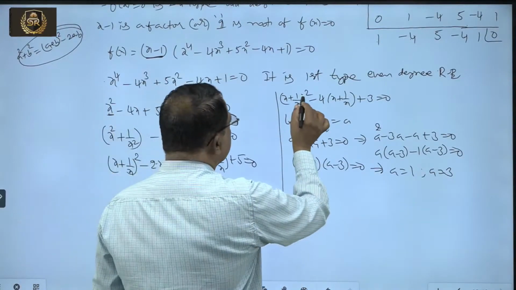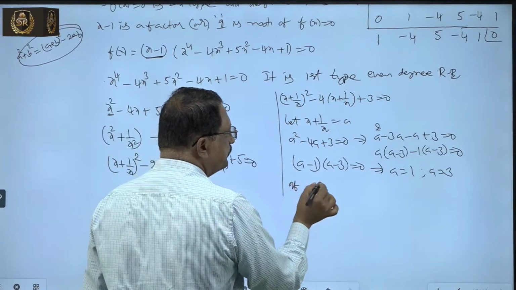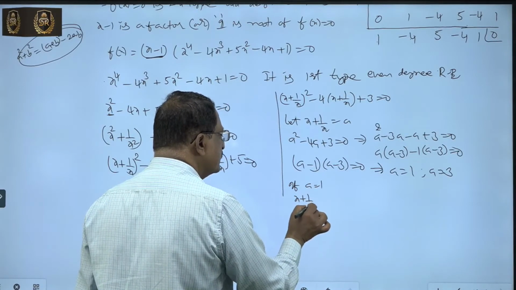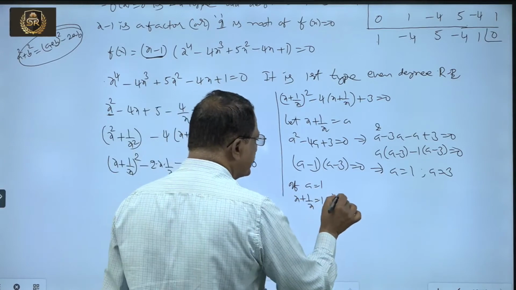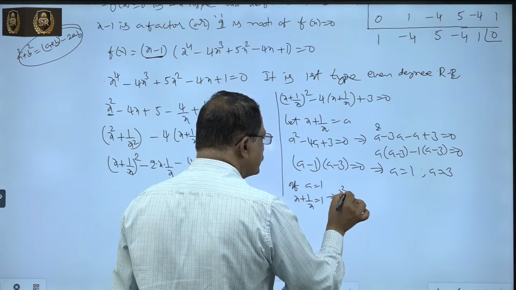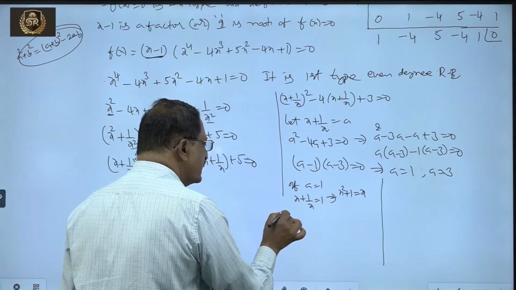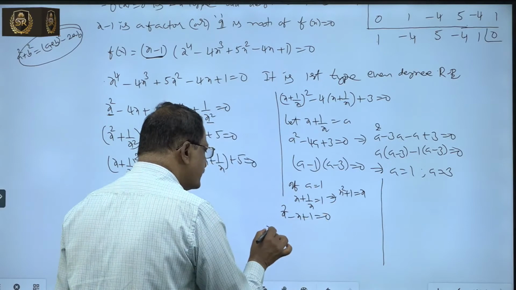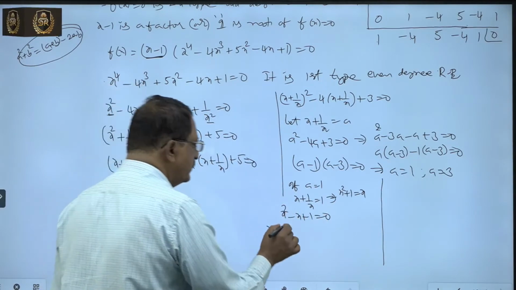But here a is nothing but x plus 1 by x. If a equals 1, it means x plus 1 by x equals 1. Take LCM, we get x square plus 1 equals x, or x square minus x plus 1 equals 0. Now x equals minus b plus or minus square root of b square minus 4ac by 2a.